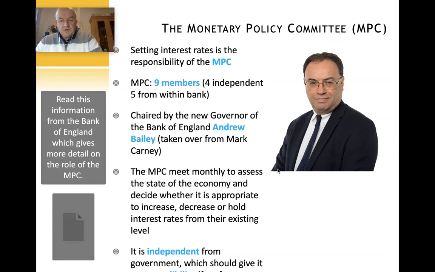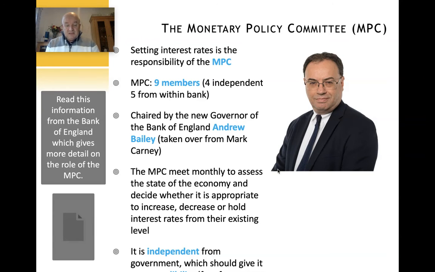So a bit more about the Monetary Policy Committee then. They are the committee responsible for setting interest rates. There are 9 members, 4 are independent, 5 are from within the bank, chaired by the new Governor of the Bank of England. Picture of Andrew Bailey there, who took over, I think, in the last year or so, from Mark Carney, who had quite a high profile in terms of his governorship of the Bank of England.